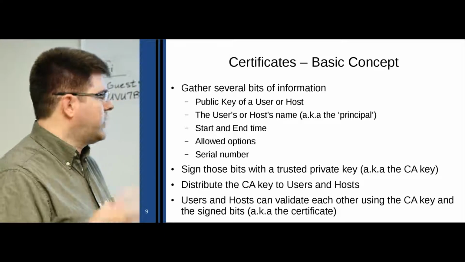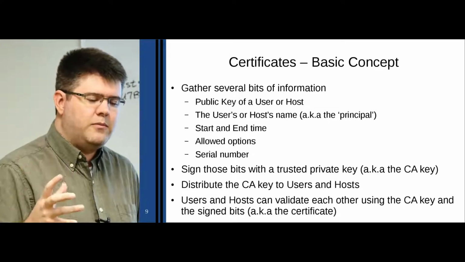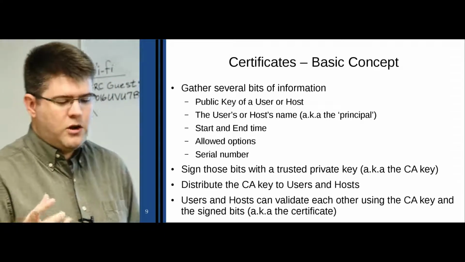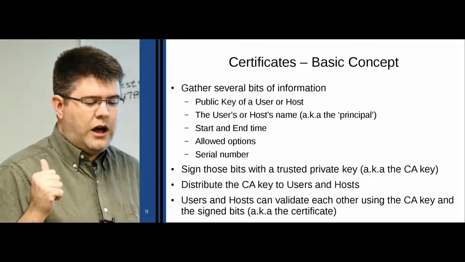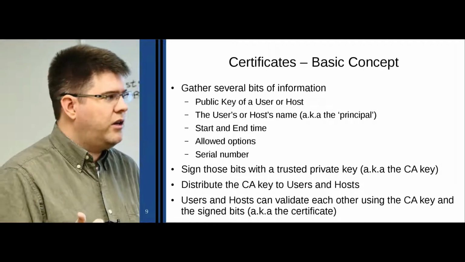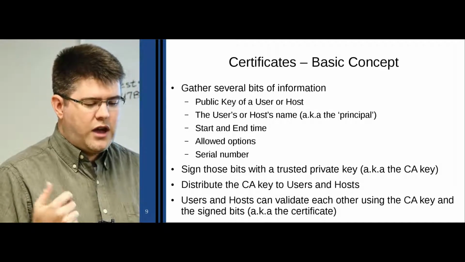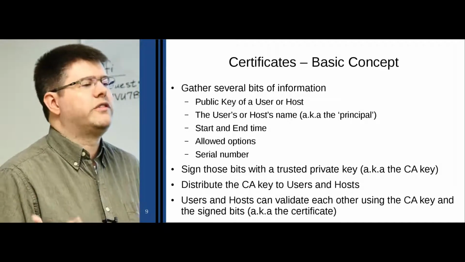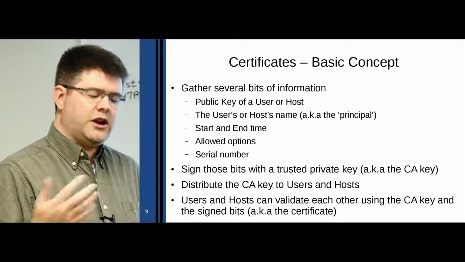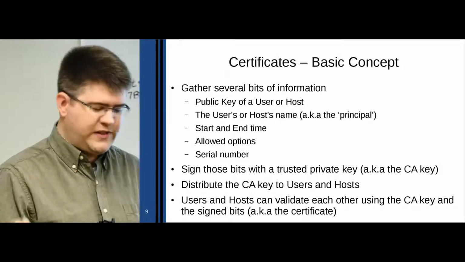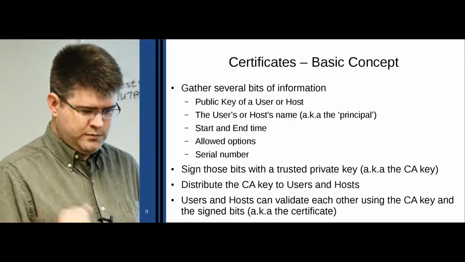So the first thing we're doing is we're going to gather some bits of information. Most importantly, we're going to grab the public key of a user or a host and that user or host's name. In the specification for this stuff, it's called the principal.